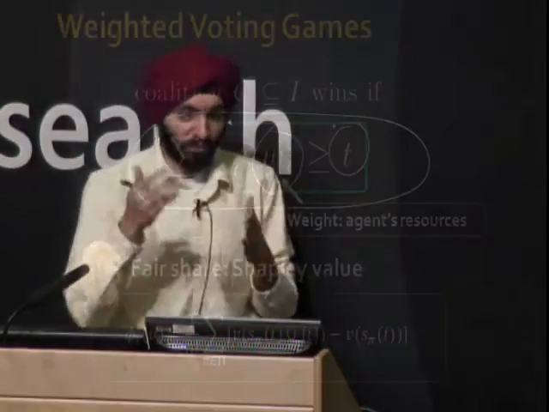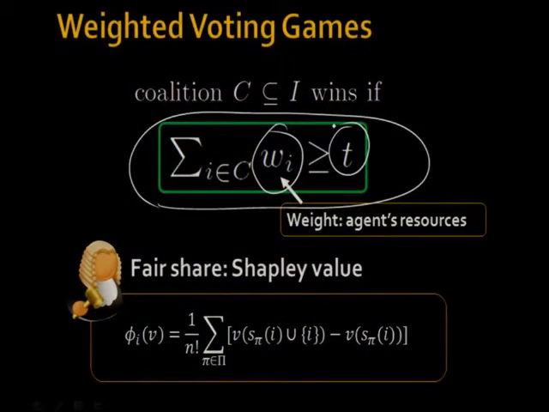In a weighted voting game, the question arises of how people distribute the payoff when they win the game. As Yoram alluded to yesterday, there are notions of fairness which people have used, and one such notion is the Shapley value.